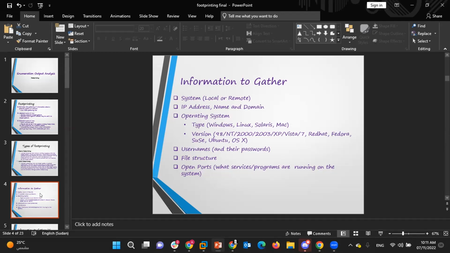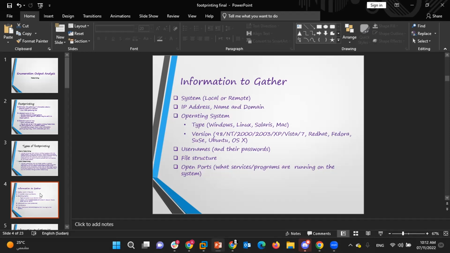Is it Ubuntu, or whatever? About the username and password for this system. The data structure or file structure of the organization, which is called the organization profile. He needs to know about open ports, which ports are open, and also the vulnerabilities of this system.